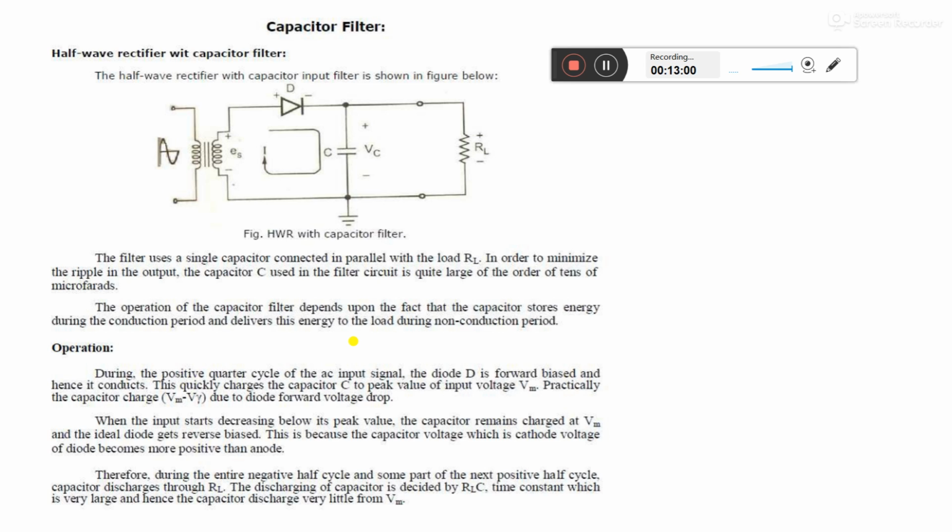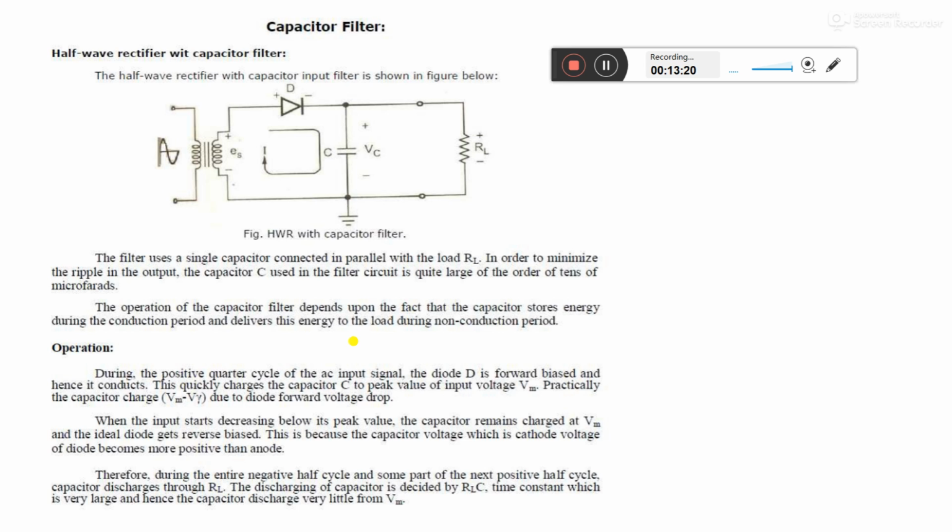This is because the capacitor voltage, which is the cathode voltage of the diode, becomes more positive than the anode. It becomes reverse biased, and in the reverse bias condition the capacitor discharges itself through the load RL.